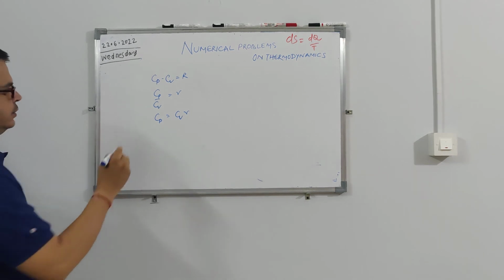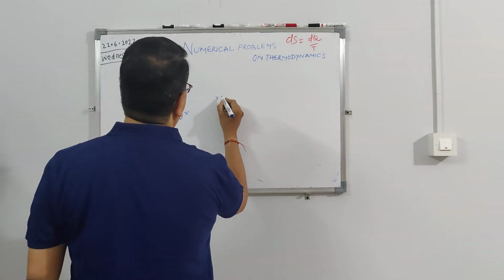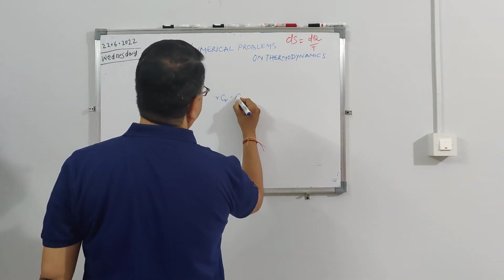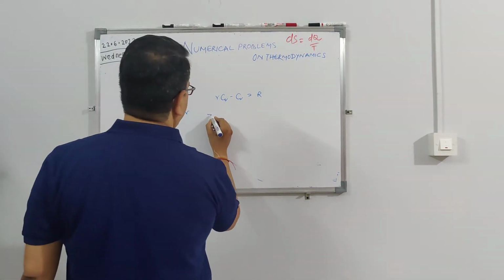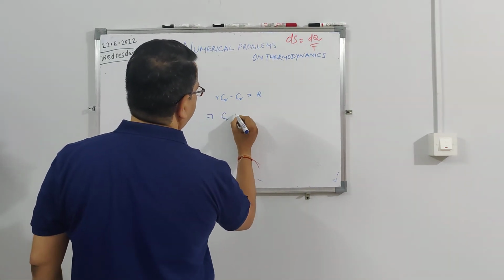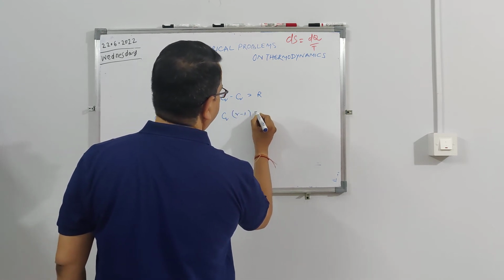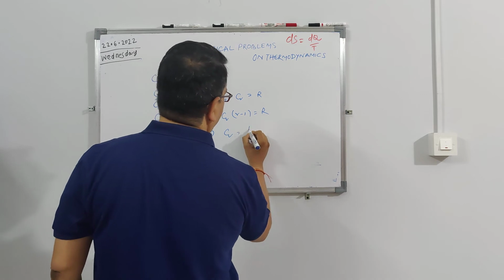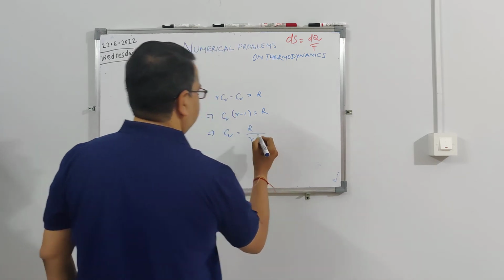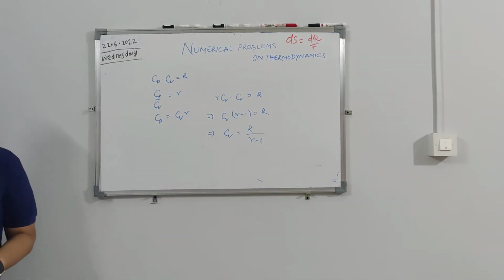So gamma into Cv minus Cv is equal to R. That means Cv into gamma minus 1 is equal to R, so Cv is equal to R by gamma minus 1. This type of question can also come.